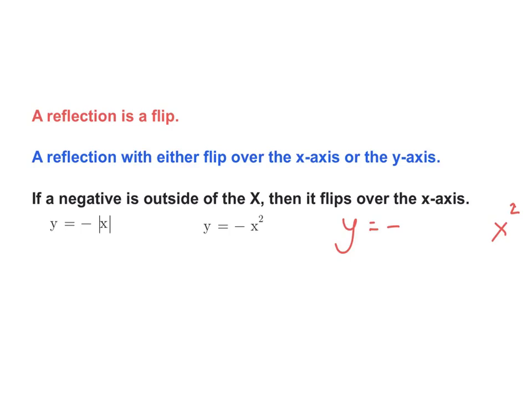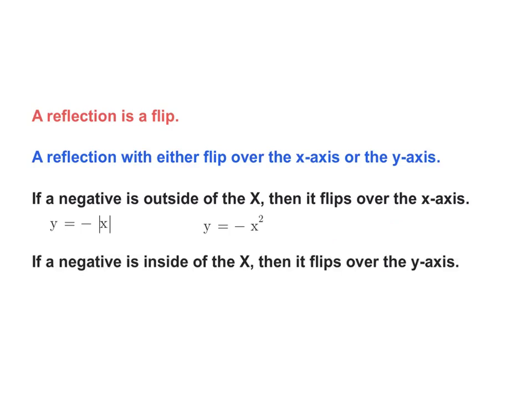If the negative is inside of the x, like if it was inside the absolute value or inside the squaring, then it flips over the y-axis. Again, that inside-outside idea. If it's inside, it flips over the y. If it's outside, it flips over the x.